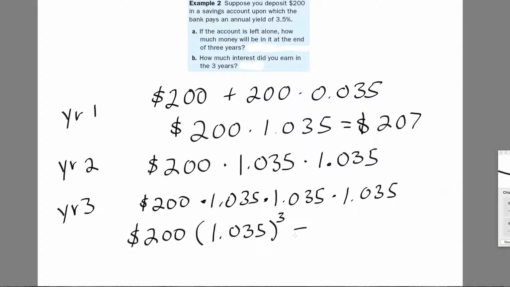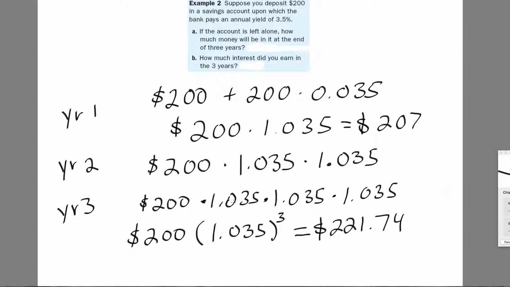And if I run that calculation, I have the result I should have expected, which was 221.74. I can see then that this compounding of interest creates a power problem for me if I have the same interest being applied every year.